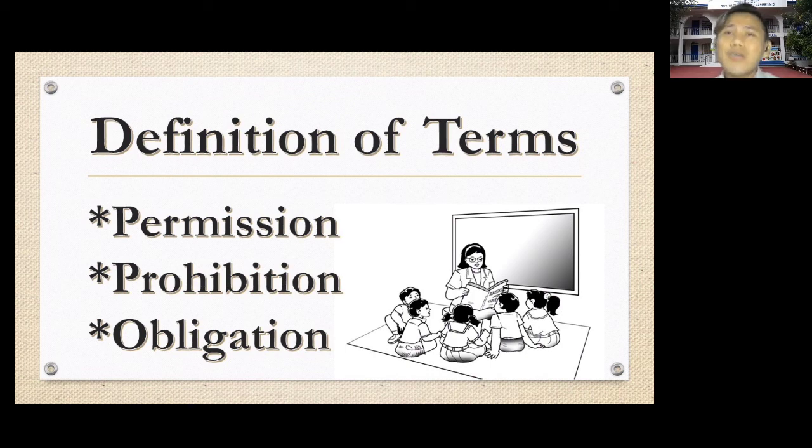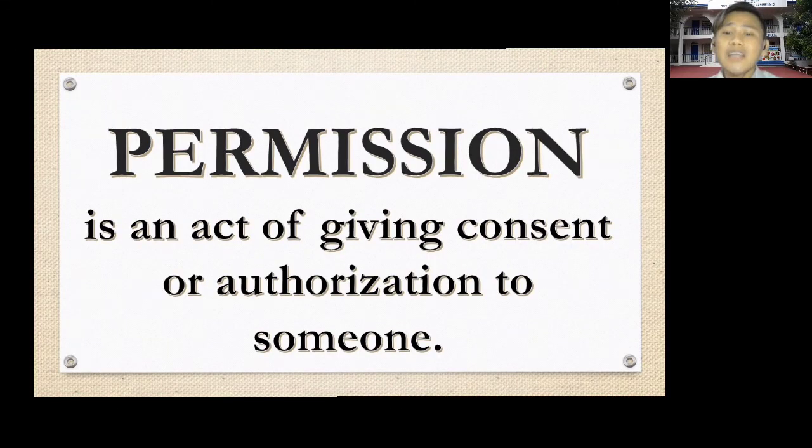Your comment, your answer, or your thoughts about the terms in the comment section will be considered as your recitation. So let me know your thoughts about the definition of the following terms that you are seeing on your screen. Now let us first define permission.